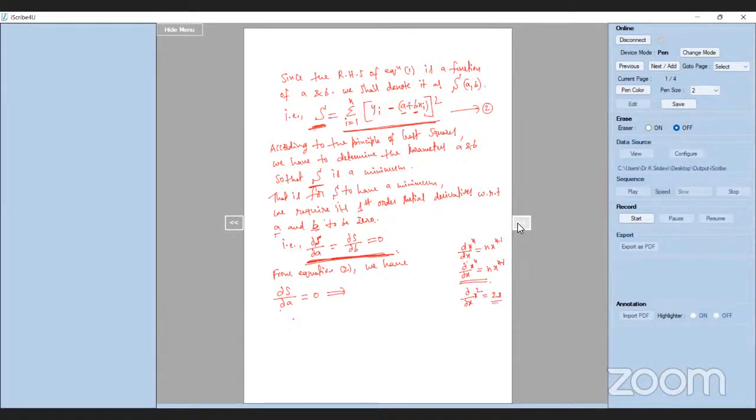So applying this formula, dou S by dou A is 0, where the power n is 2. So 2 into (y_i minus (A plus B x_i)), into the derivative of the inside. What is that again?